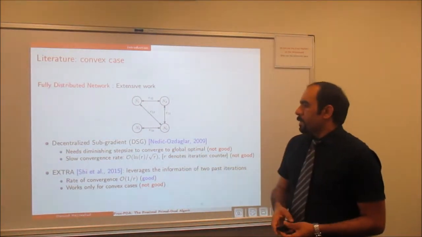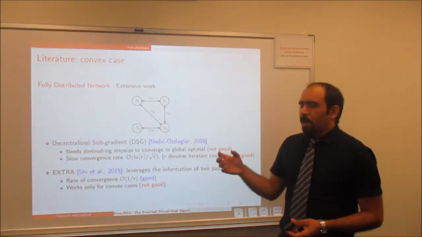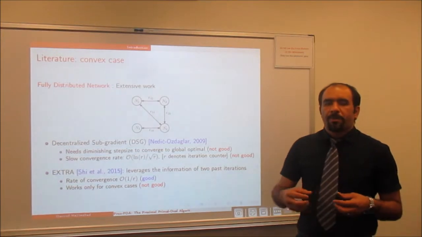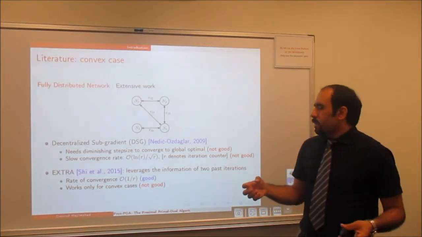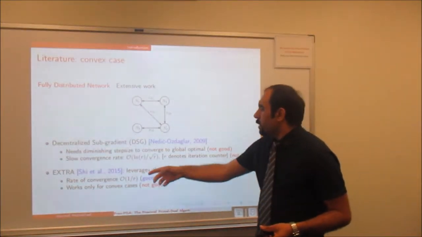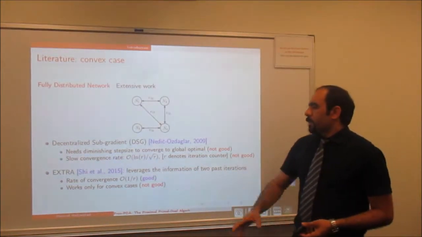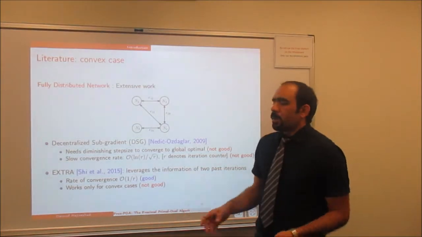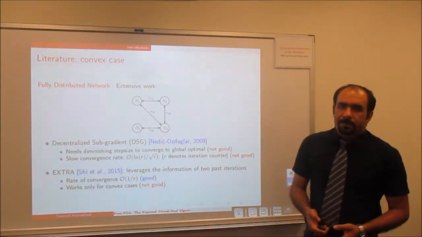The next algorithm is the EXTRA algorithm. This EXTRA algorithm leverages the information from the past two iterations. Okay, so the rate of convergence for this algorithm is 1 over r, which is much faster than the previous one. However, this algorithm works only for convex cases. Okay.